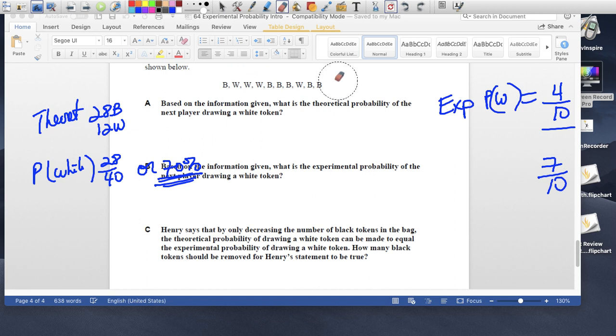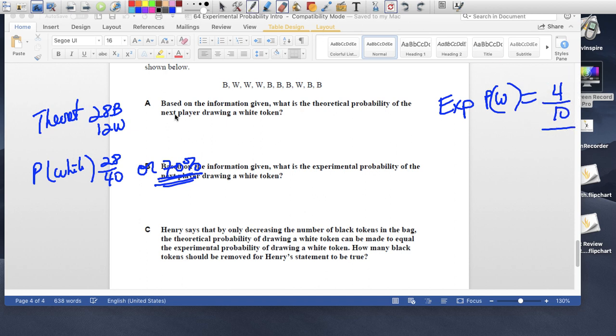Hang on a second. So only decrease the number of black tokens. Oh, I see. Sorry. The experimental was 4 out of 10.